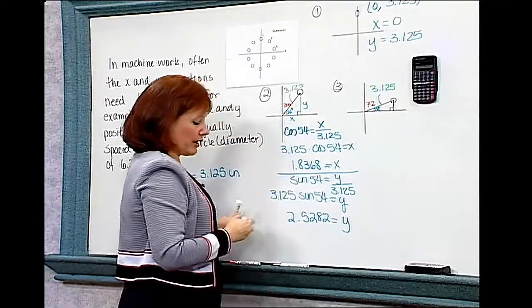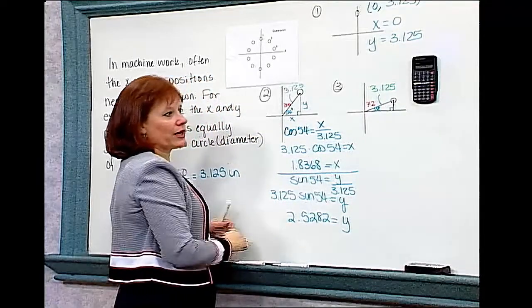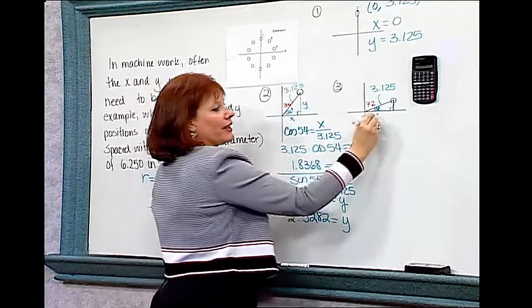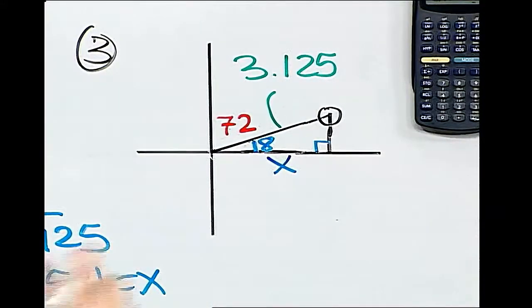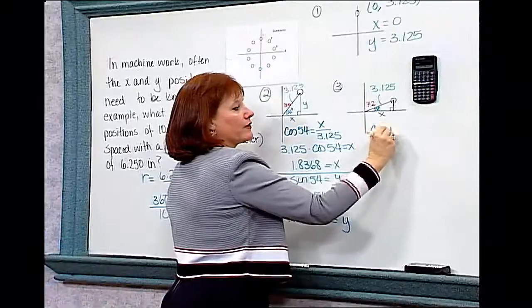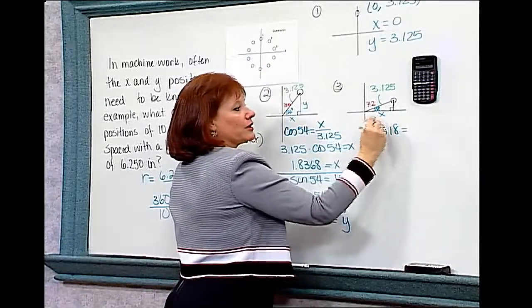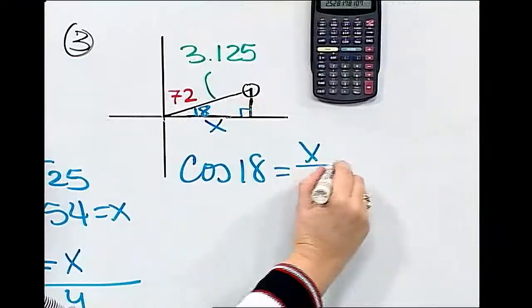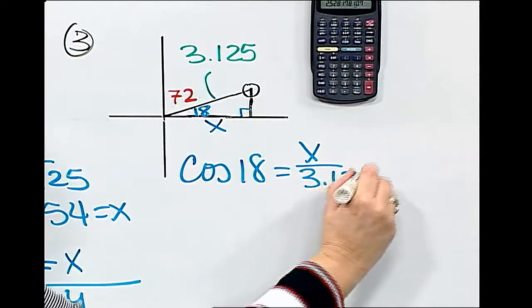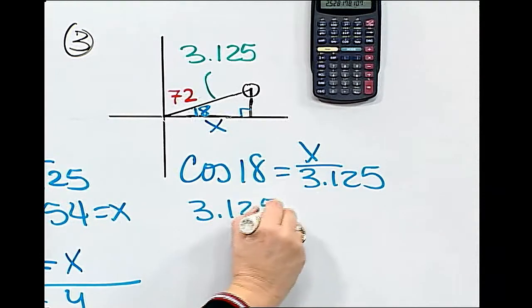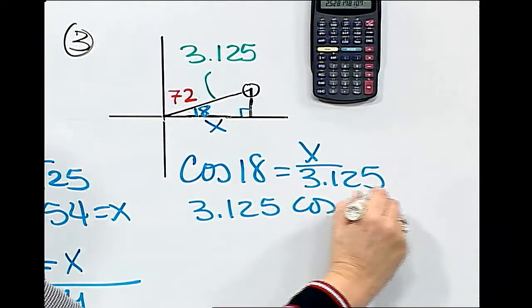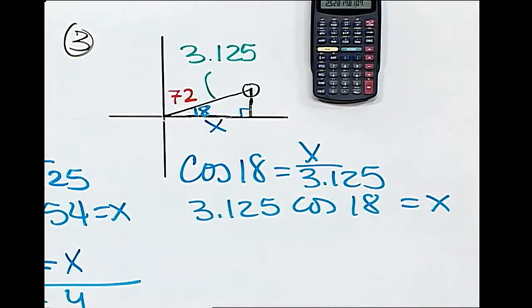If I want to find the x-coordinate, it's adjacent to 18, so I'm going to use my cosine function. I'll have the cosine of 18 is equal to the adjacent side, x, over the hypotenuse, 3.125. When I cross multiply, I'll have 3.125 times the cosine of 18 is equal to x.